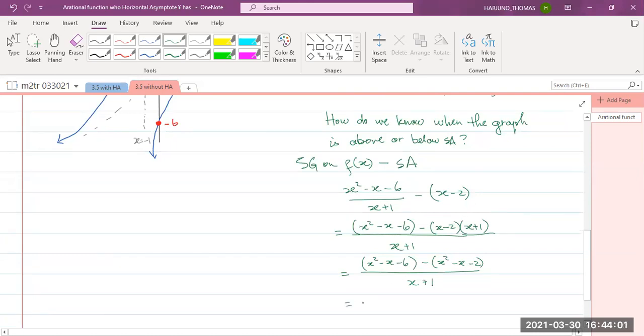So on the top, I will get -4 over x plus 1. Is it right? Something not right there.